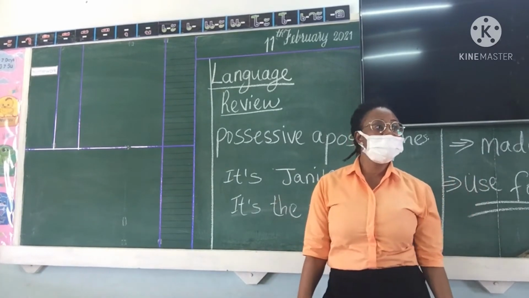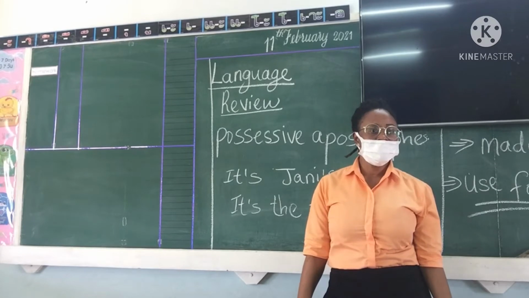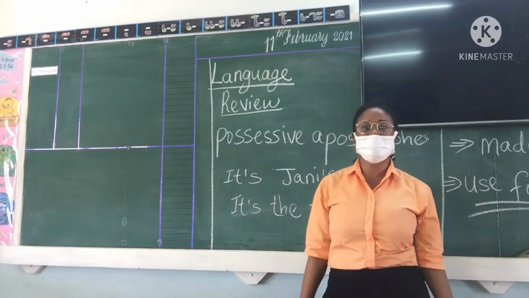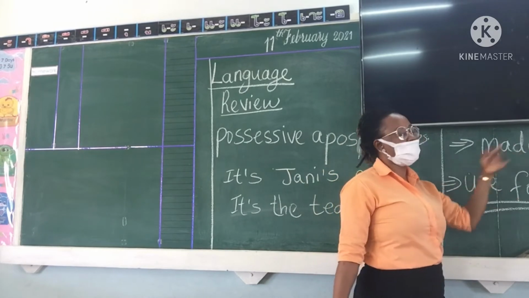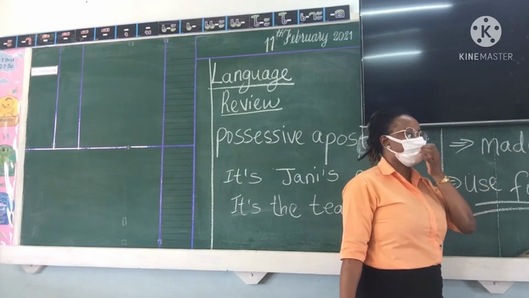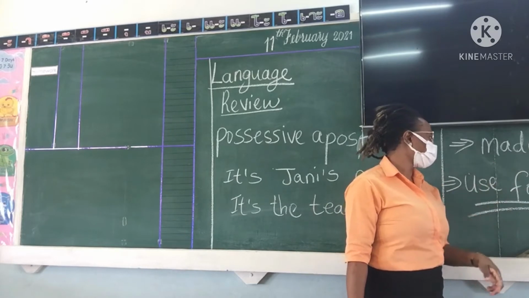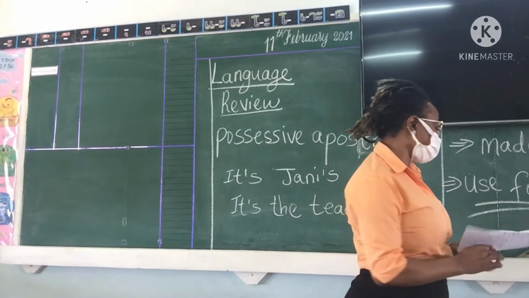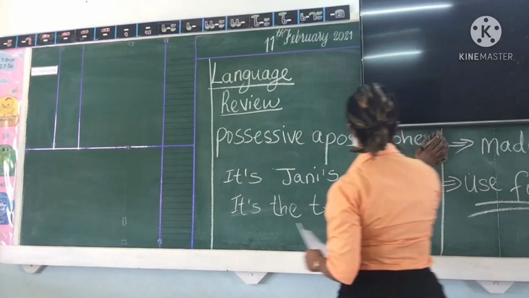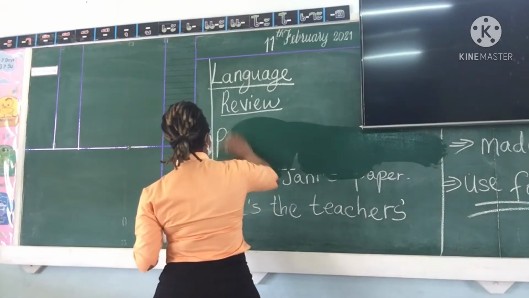Covering our bodies. Okay? For wearing or covering our bodies. So, used for, made of. Everyone say made of. Made of. Made of. Made of. Used for. Used for. Okay, very good. So let's go to the next thing. Next topic.